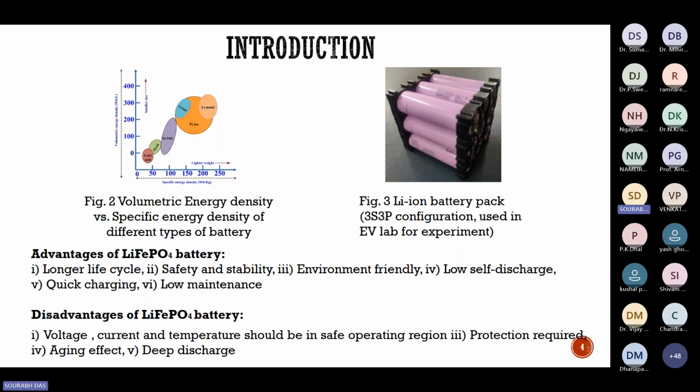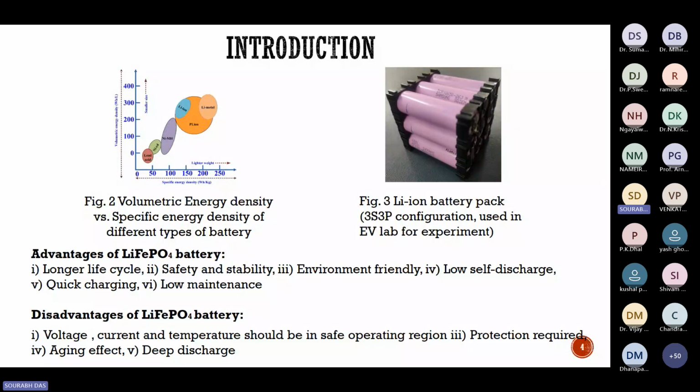Then nickel cadmium is there. Then nickel metal hydride battery is there. Then lithium ion battery comes. So it has the highest specific energy density, with volumetric energy density also there.